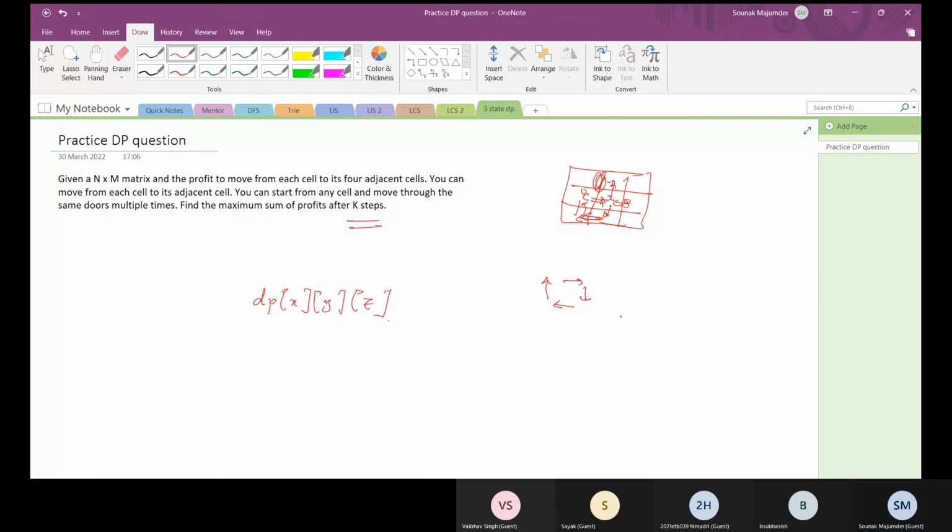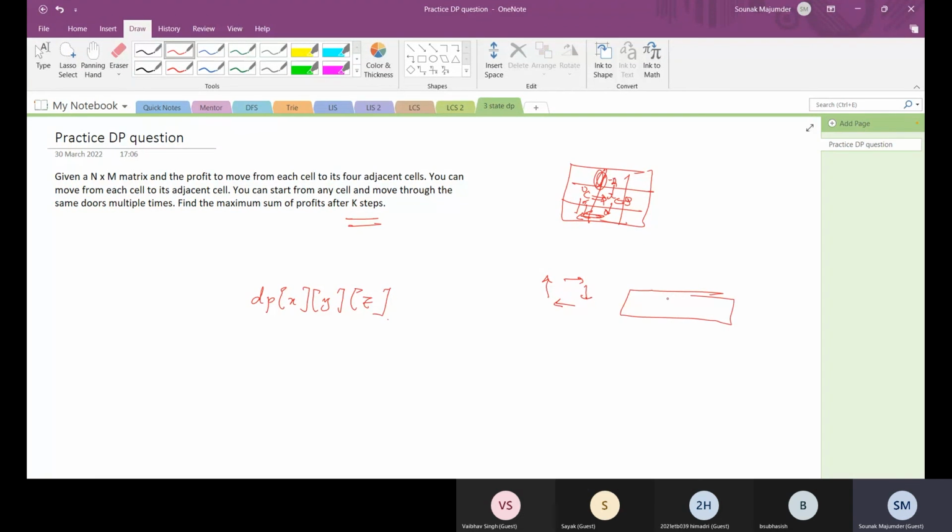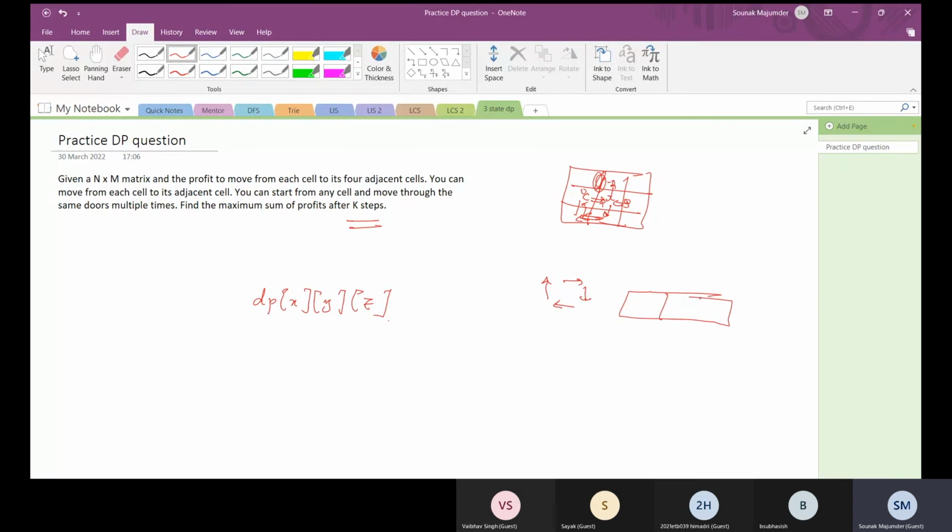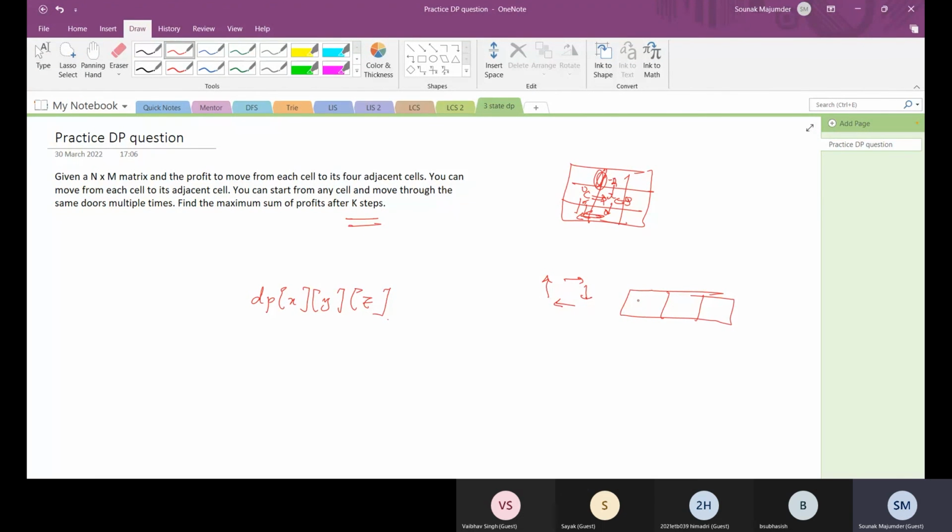Let's say I'm just talking about the doors, not the cells. So first door's profit is 9, second door's profit is 1, third door's profit is 8. If you keep moving back and forth between this 9 and 1, it will give you some profit. But if you go from this to this, then it will give you much more profit. So it is not beneficial to move through the same door back and forth multiple times. Okay.